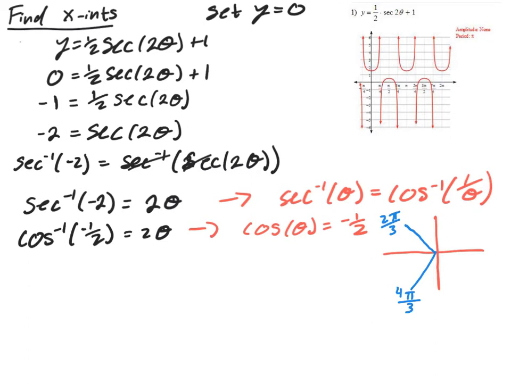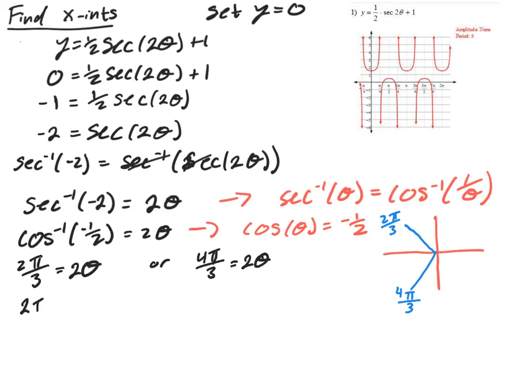Because we have 2 possible locations where cosine theta is -1/2, we have to solve 2 different equations. First off, we could have that 2 pi over 3 equals 2 theta, or we could have that 4 pi over 3 equals 2 theta. Now we just want to solve, so divide both sides by 2, or I prefer to think about it as multiplying by 1/2.